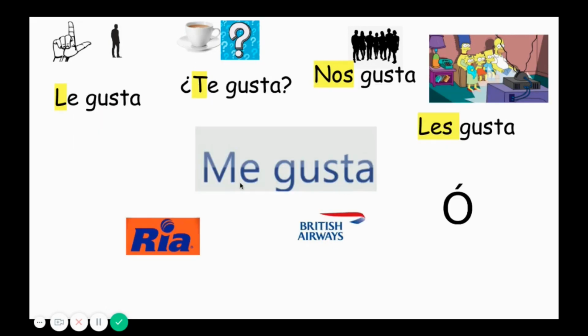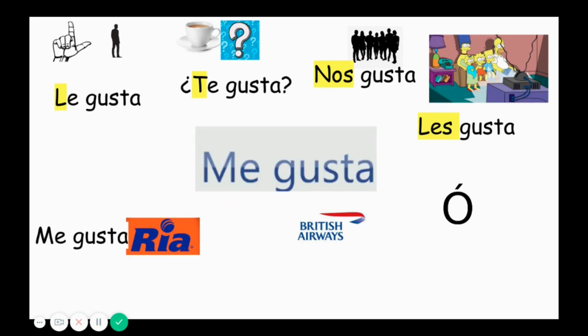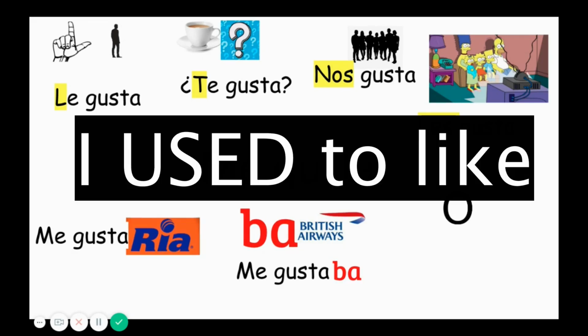And at the bottom, we have the patterns that change the tense of the opinion. So if you want to express your opinion about the future, you put ría, me gustaría, I would like. If you want to talk about what you used to like when you were younger or in the past, you need to think of British Airways, the BA of British Airways. So if you add BA at the end of me gusta, me gustaba, that means I used to like something.